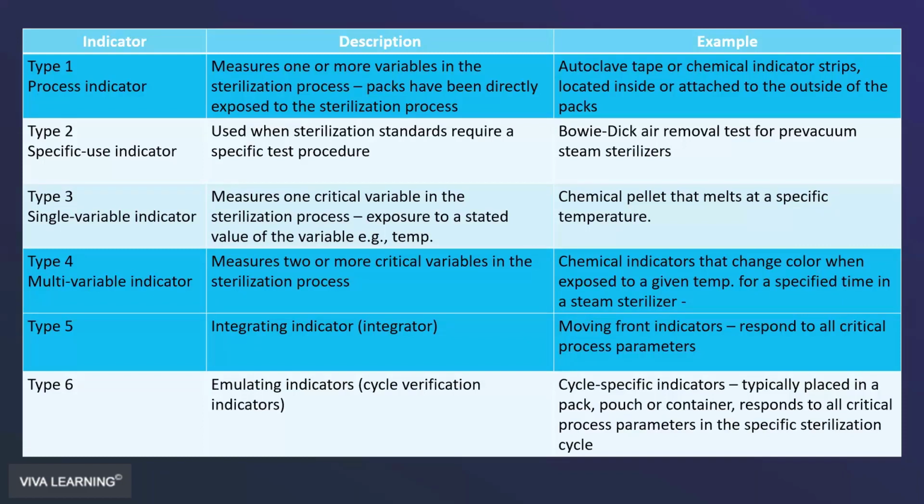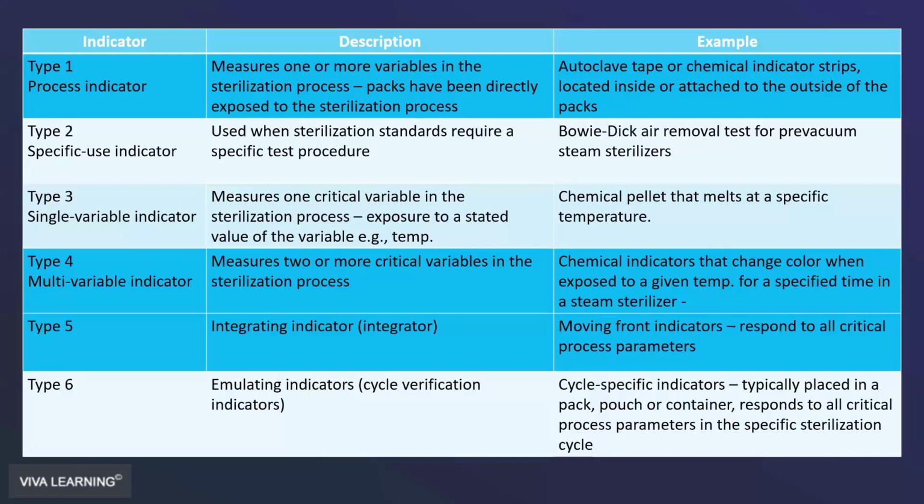Now, the one thing we didn't talk about yet was, what do we do with each sterilizer load? And I'm going to show you a protocol in a minute. But for each sterilizer load, each load that you run throughout the day, you should put 1 type 5 integrating indicator in the load.